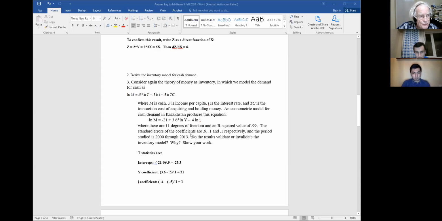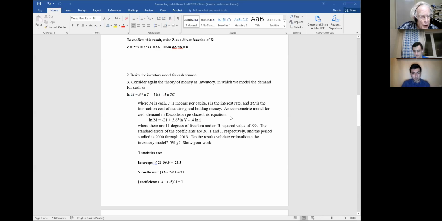Okay, so back to the actual model. The coefficient on the natural log of income is 3.6. The inventory model predicts that the coefficient is 0.5.